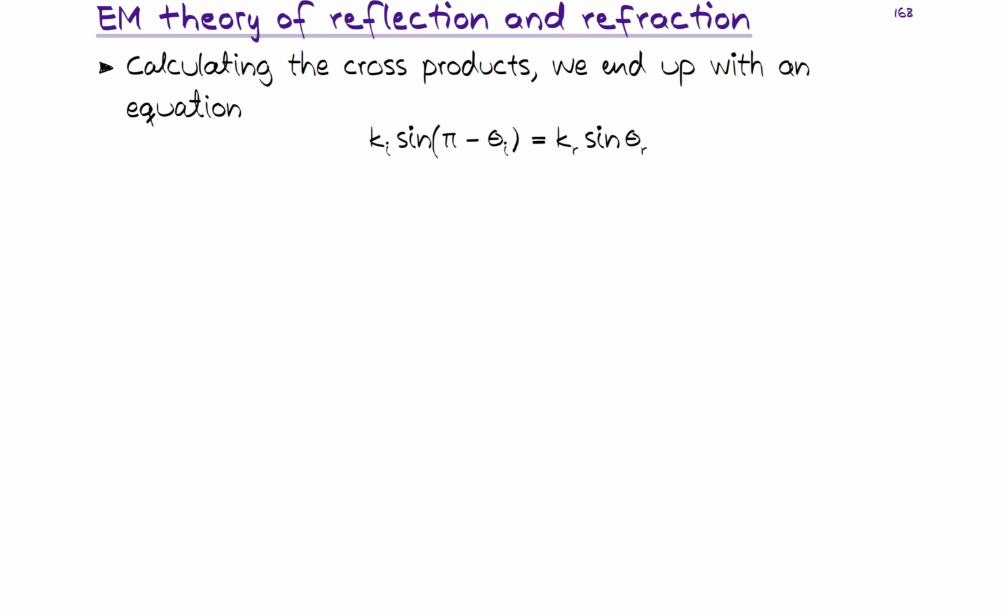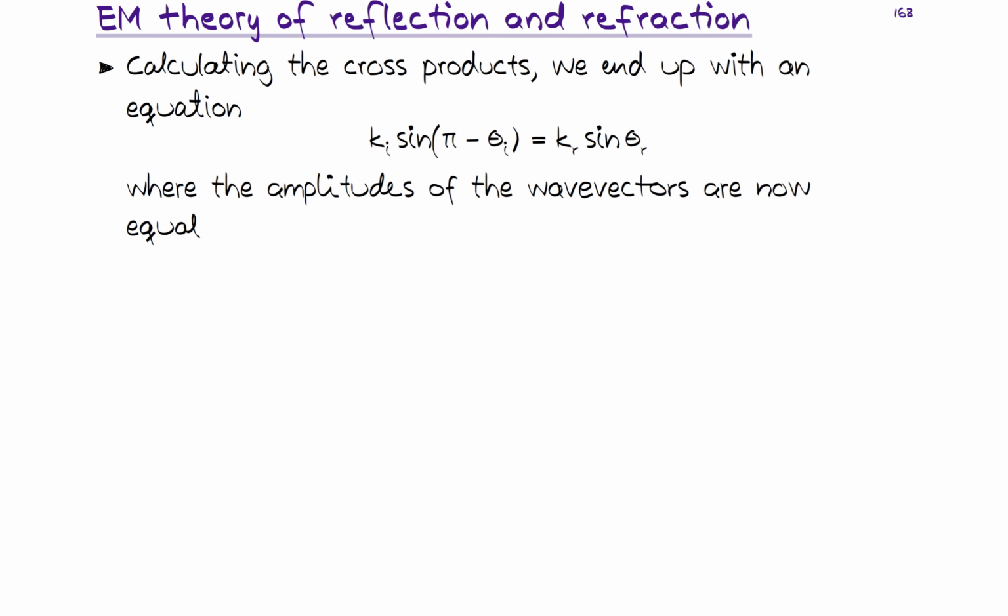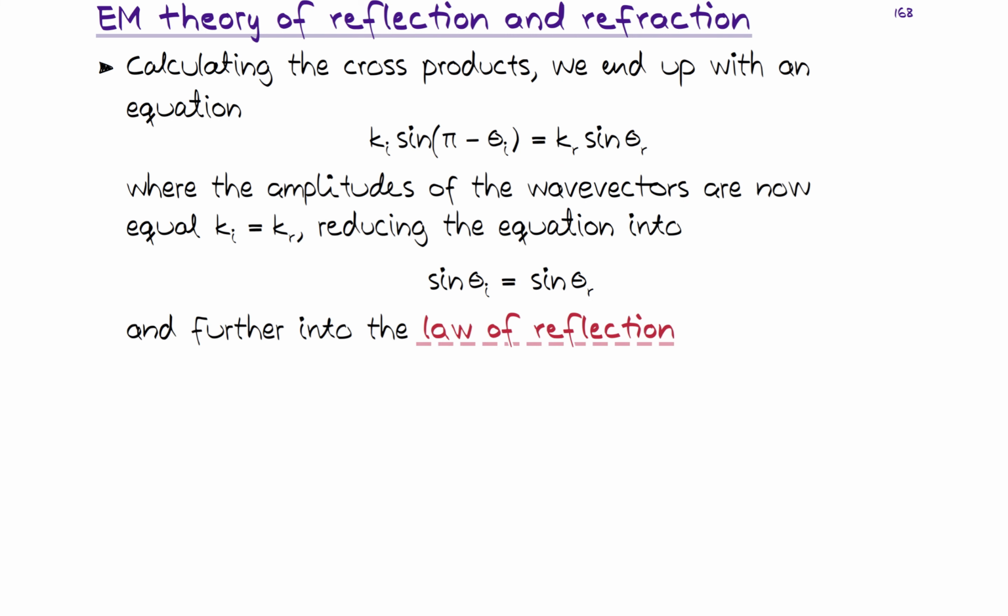The amplitudes of the wave vectors are of course equal, since the medium of interest is the same in both cases, the top side medium denoted with I. So ki equals kr. Now we have the condition that sine of theta I must be equal to sine of theta r, and this gives me the law of reflection: the incidence angle theta I must be the same as the reflection angle theta r.